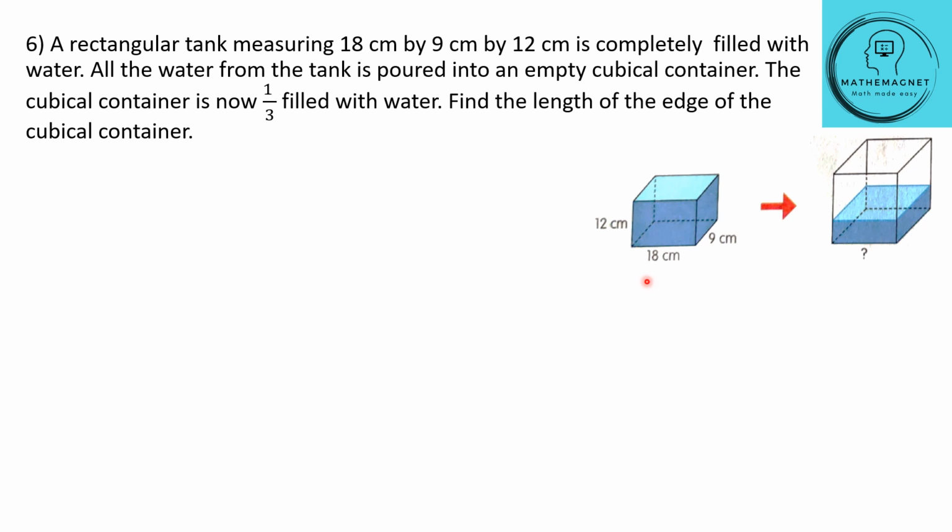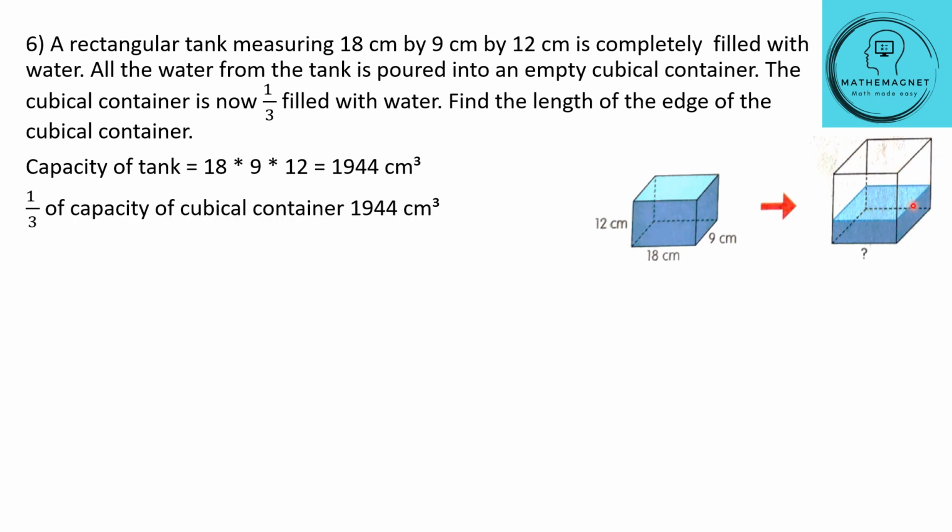So first we'll have to find out what exactly was the quantity of water. To find that, we'll have to find the full capacity of the tank, or volume of water, that is 18 into 9 into 12, which is 1944 centimeter cube. Now this volume of water is poured into the cubical container, and it becomes 1/3 filled.